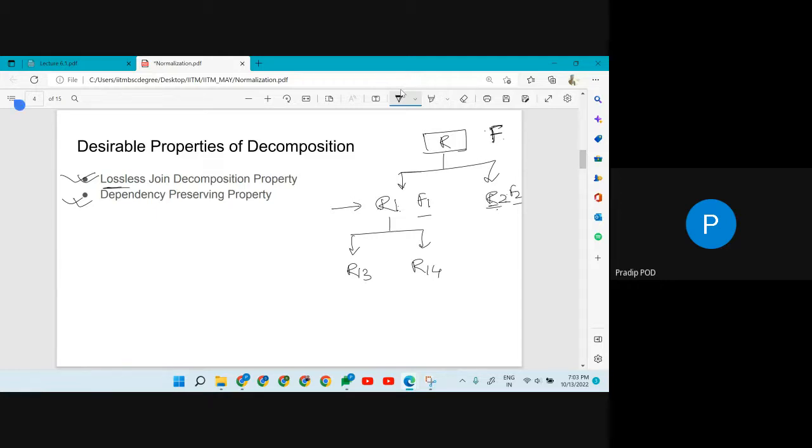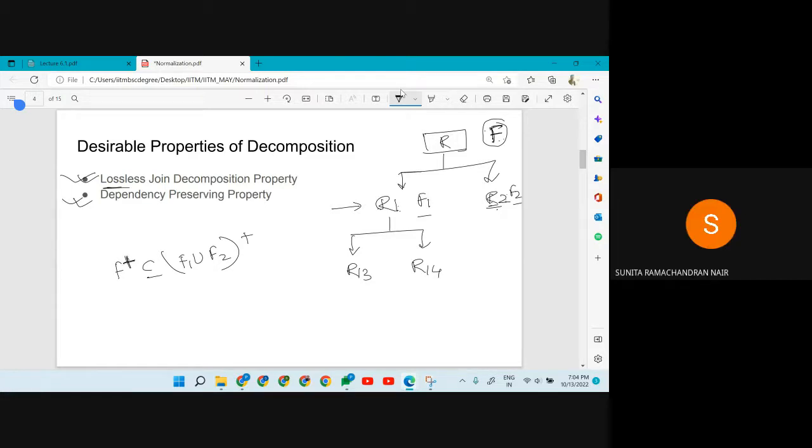Whenever you want to reconstruct the original relation, you also have to get the original functional dependencies. So you can think of it like this: F plus means the closure, and this should be a subset of the closure of F1 union F2.